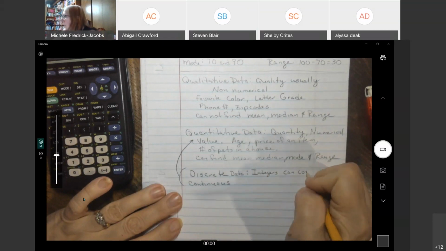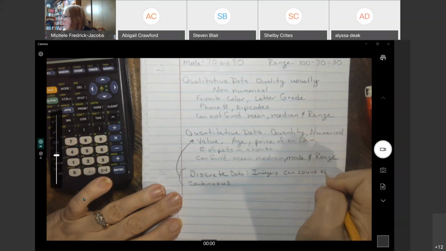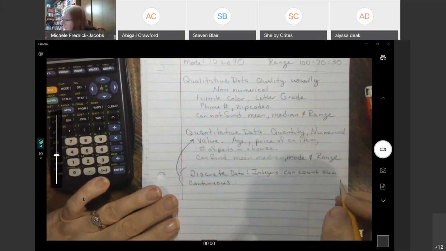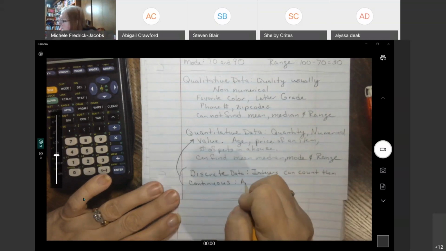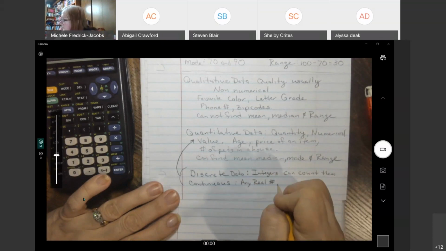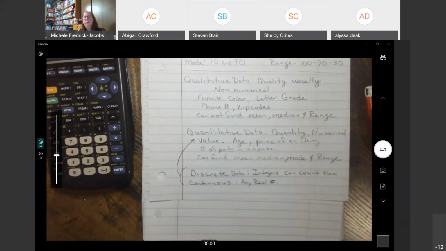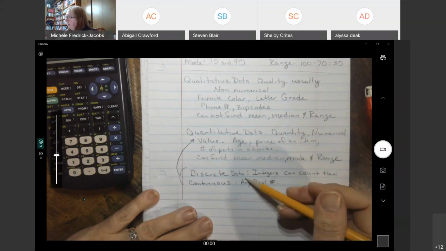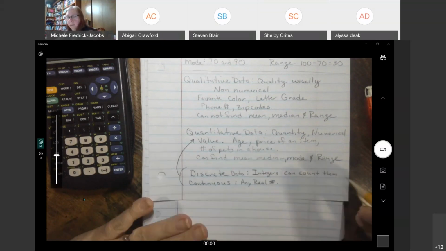You can count them. Continuous are any real number. That's like all those decimals, 1.5, 1.4, 2.68, 1/3. So it can be any value, and the data is continuous.